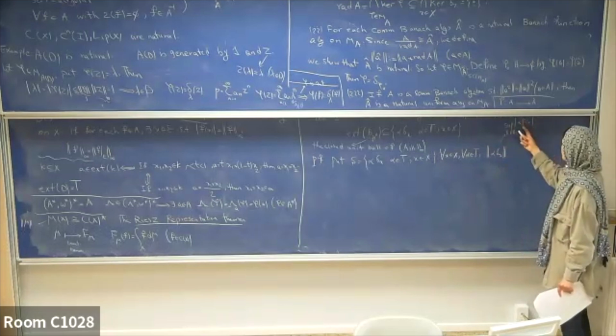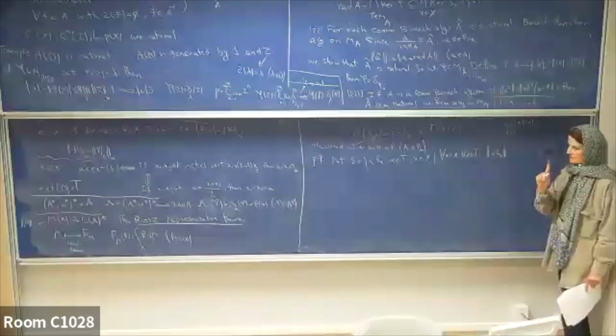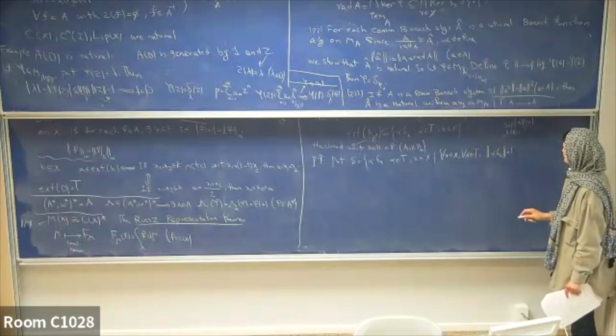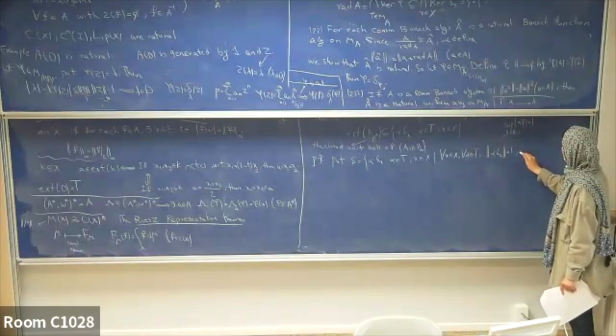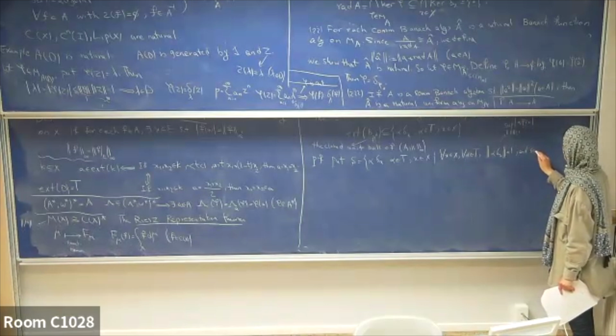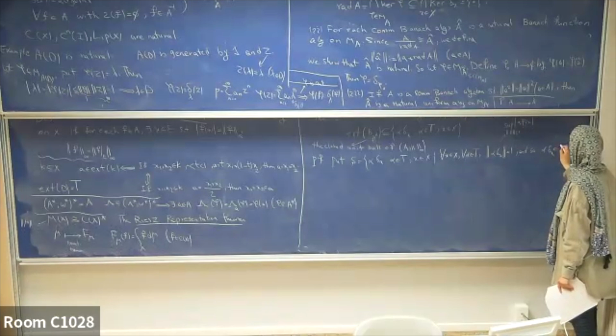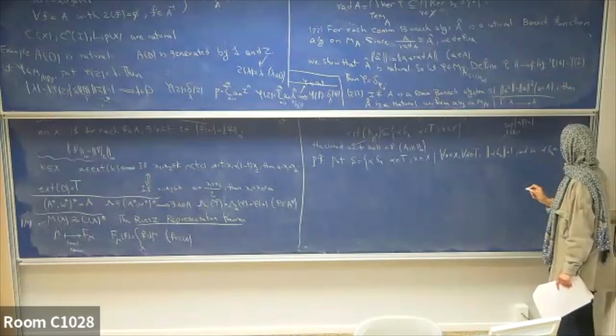It is at most 1, and it equals exactly 1 when we put f as the constant function 1 here. So this is 1, and so alpha delta x belongs to the closed unit ball of A star.